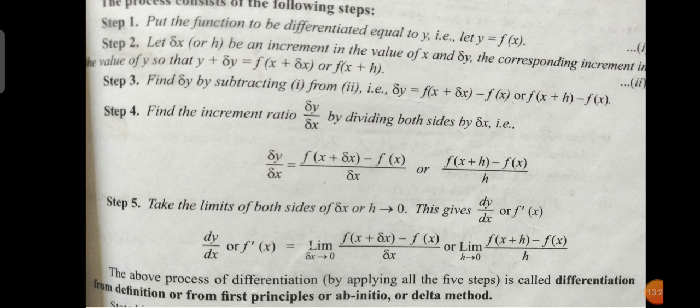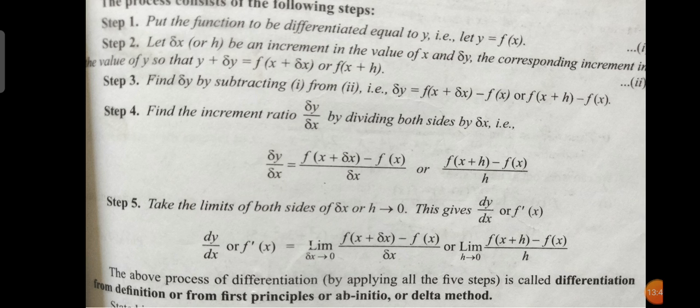You will get the differentiation: dy by dx, or f dash of x, equals the limit as h tends to zero of f of x plus h minus f of x by h. That is the differentiation from the definition.